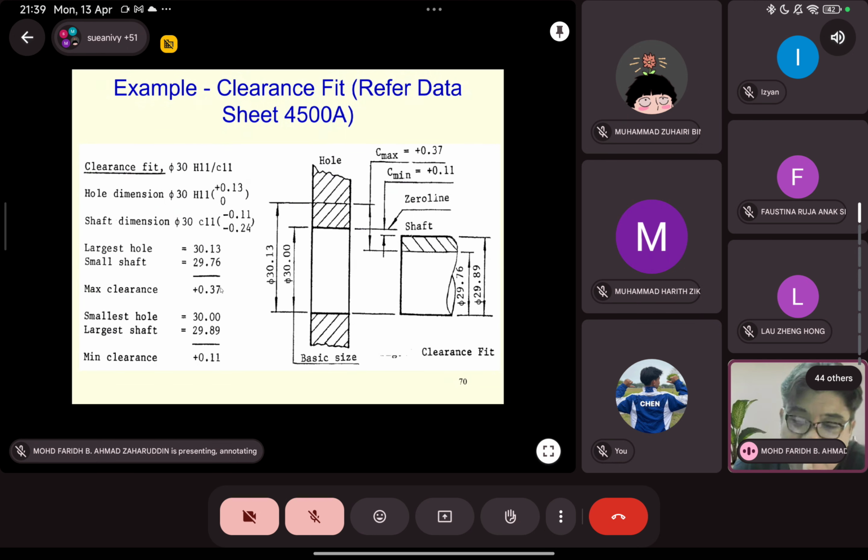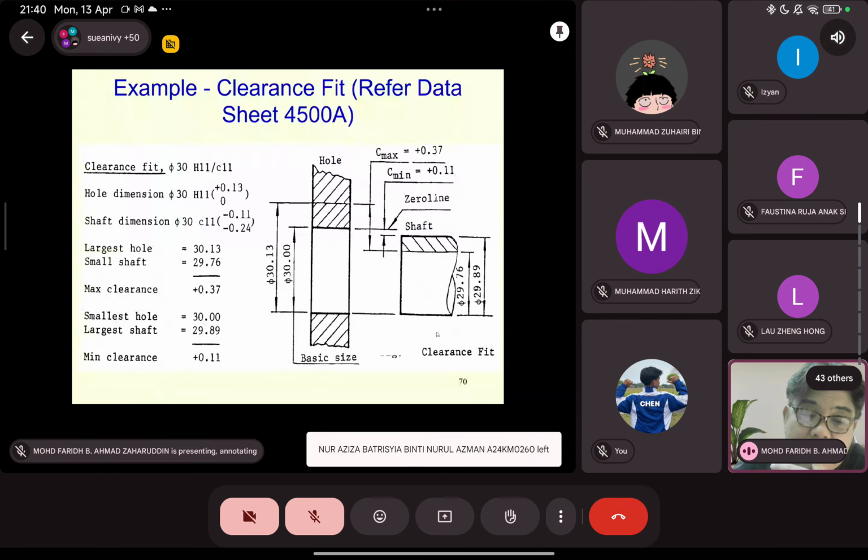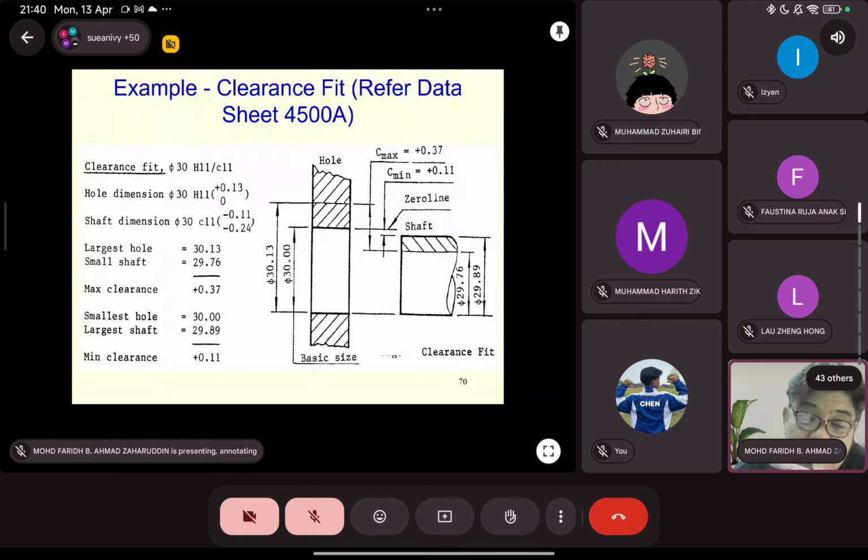This is the case study. The question, I ask Izian, what is the basic size for the hole? Basic size is the basic size, normal size is the nominal size. For this case, what is the value? 30.